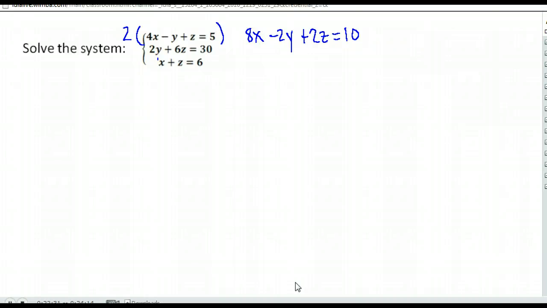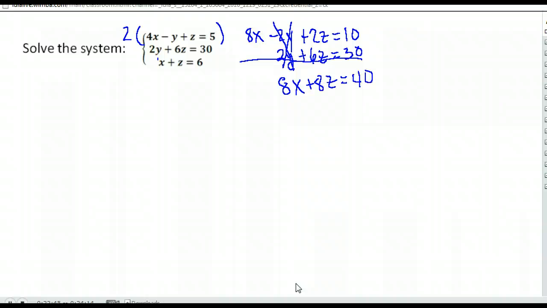I add that to the second equation, which was just 2y plus 6z equals 30. My y's cancel when I add those together, and I get 8x plus 8z equals 40. Now we have two equations with two variables because this third equation here just had x and z.